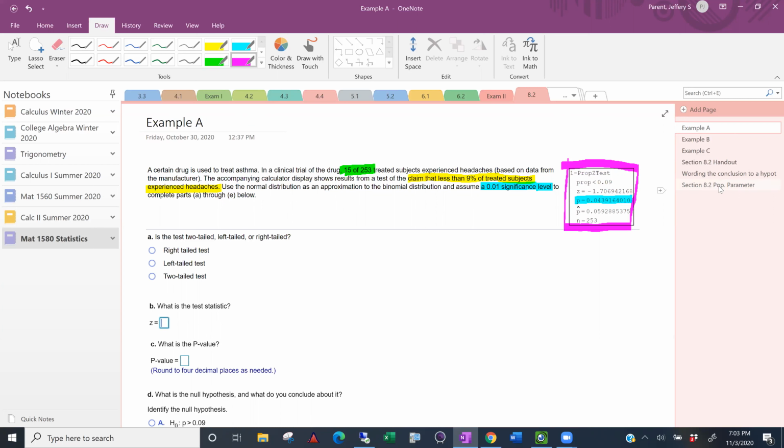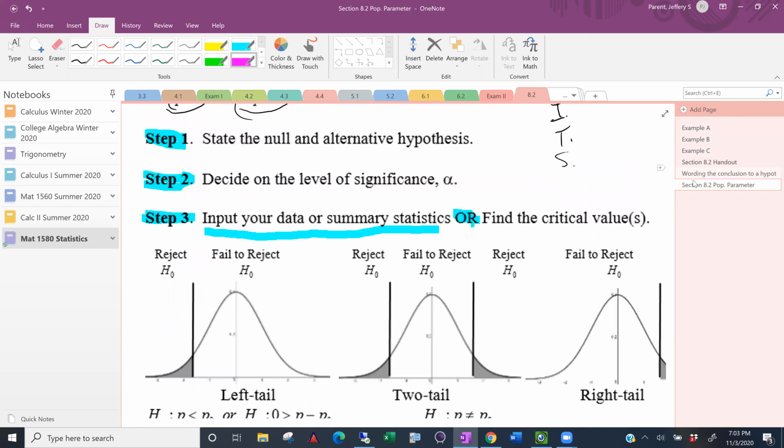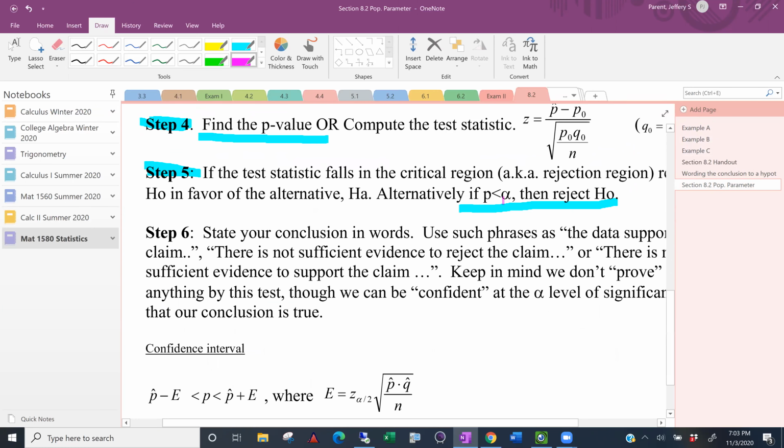So let's continue marching on with our steps here in terms of the hypothesis test. Step 4, find the p-value, got that. Now we need to compare the p-value to alpha. If the p-value is less than alpha, then we're going to reject H naught.